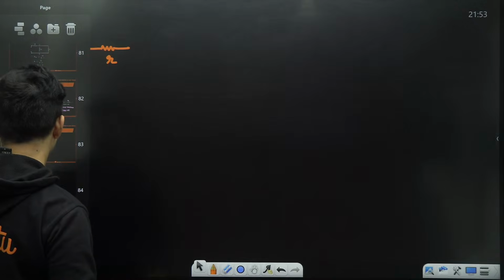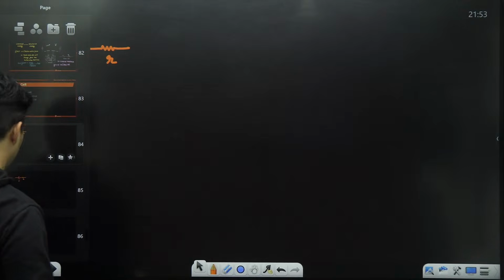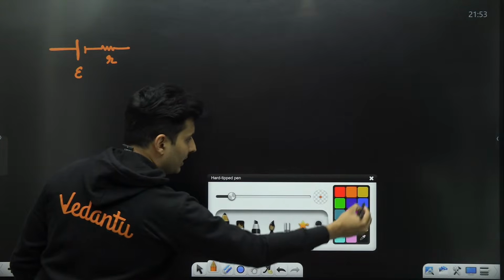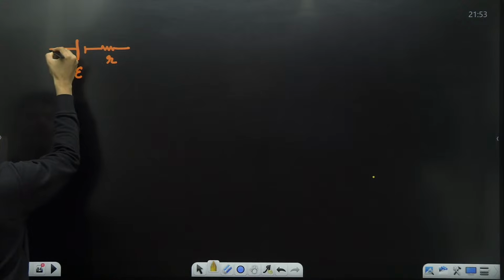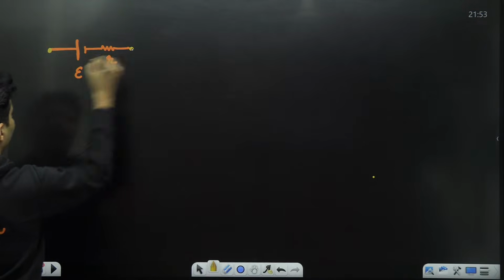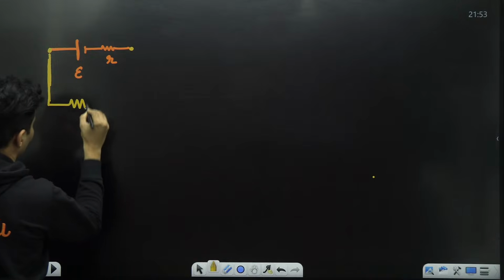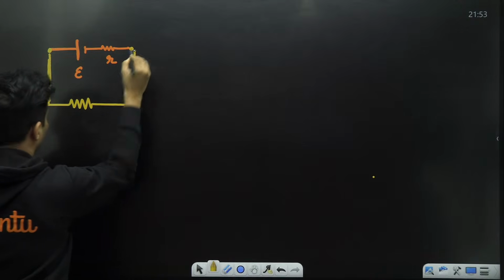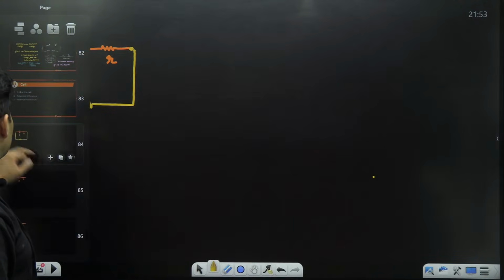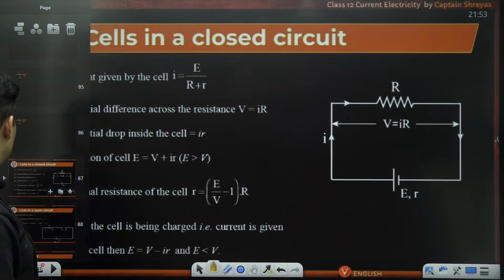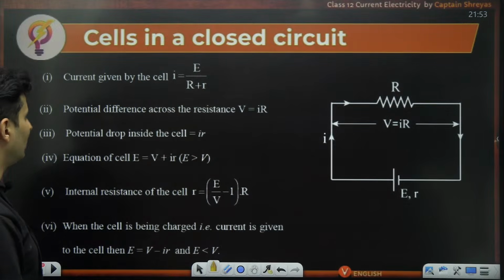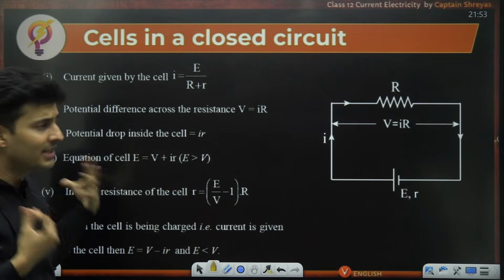Now, if the terminals of this cell are connected to some device, any device, this is basically connected to a load, a resistor.